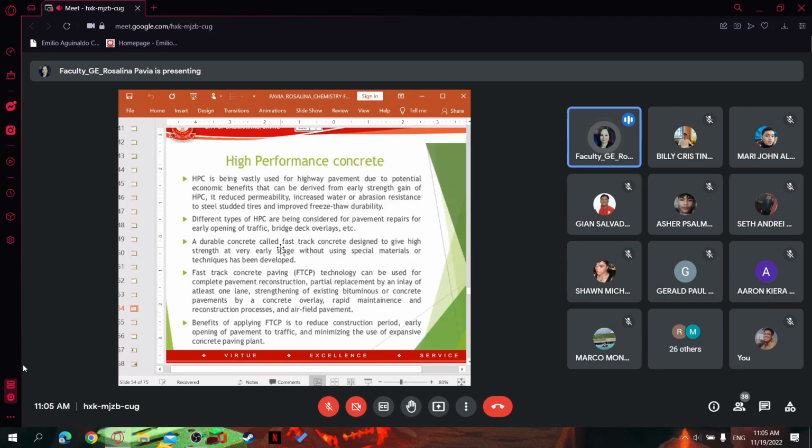This is the technology that is being applied for HPC. A durable concrete called fast track concrete pavement or paving, which is designed to give high strength at a very early stage without using special materials or techniques which has been developed. Ito yung tinatawag na FTCP, Fast Track Concrete Paving Technology, which can be used for concrete pavement reconstruction, partial replacement by an inlay of at least one lane, strengthening of existing bituminous.